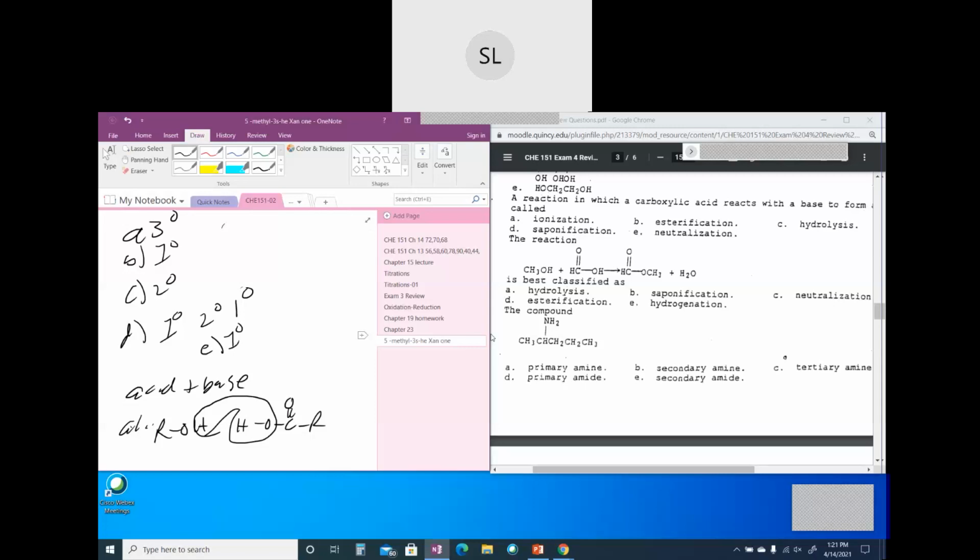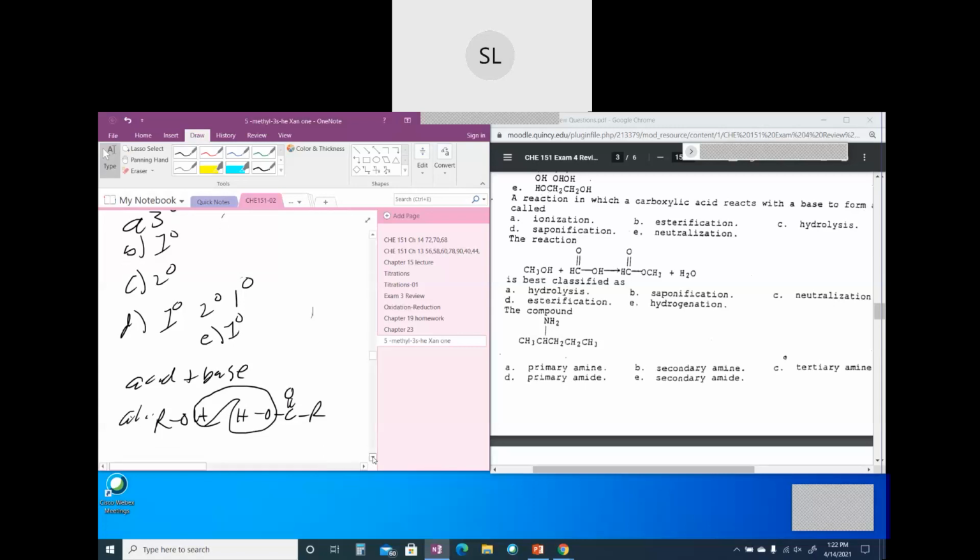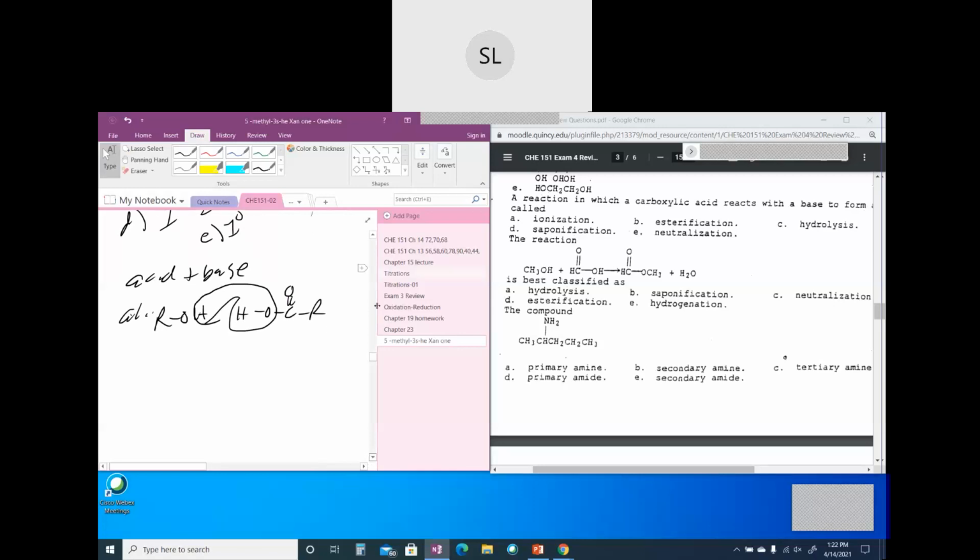So D. All right, so this compound, if you wanted to name it, 1, 2, 3, 4, 5. So that is a pentane. So you have pentane, except you recognize the NH2 as an amine. To name an amine, you drop the E and you add amine.